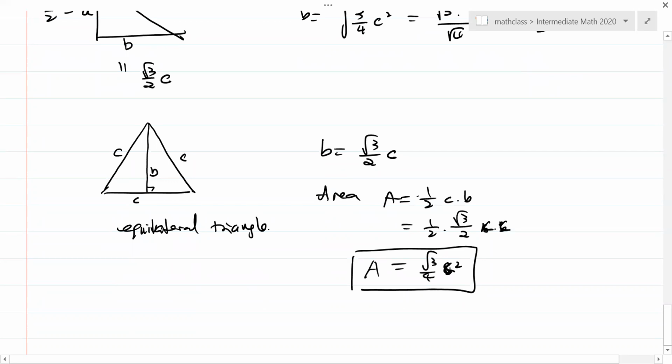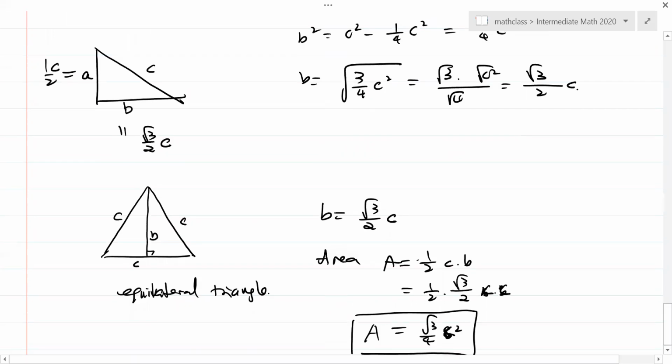I want you to memorize this formula for the area of an equilateral triangle, expressed in terms of the edge length. We got that using the above special right triangle.